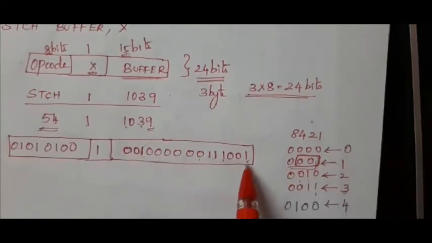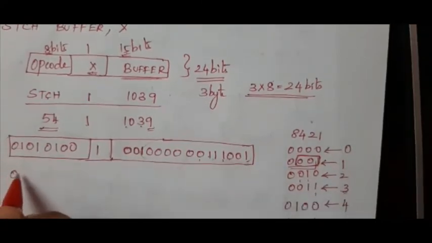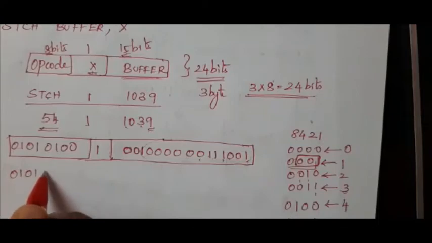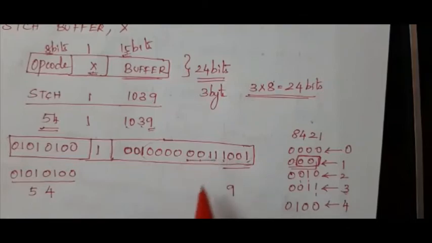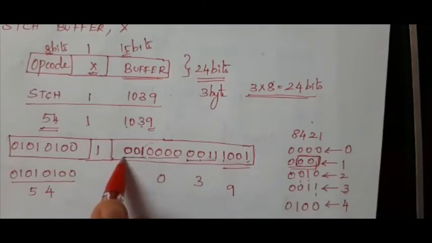Okay, so now combine it: 0 1 0 1 0 1 0 0. What does it mean? 5 4. Combine from here: 9, 3, take 4 bits, 0, and this is 3 bits combined with here.